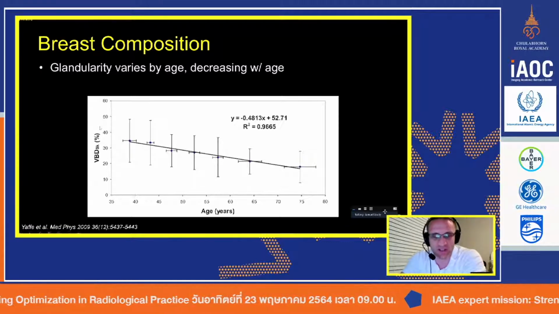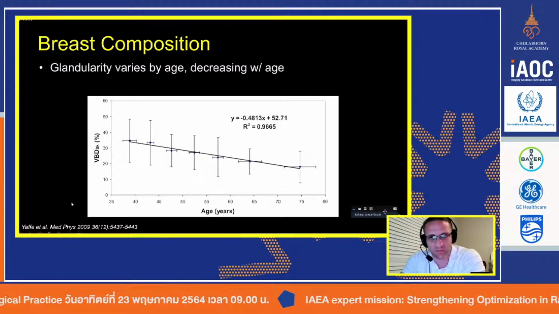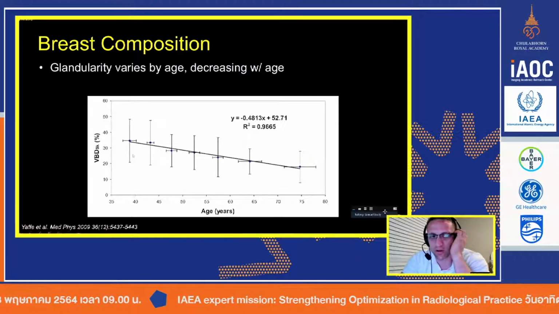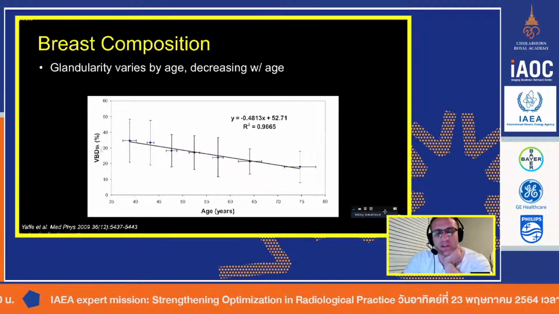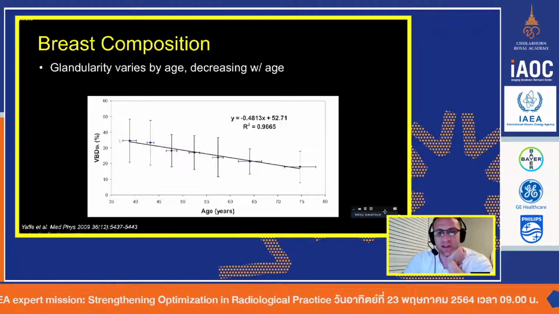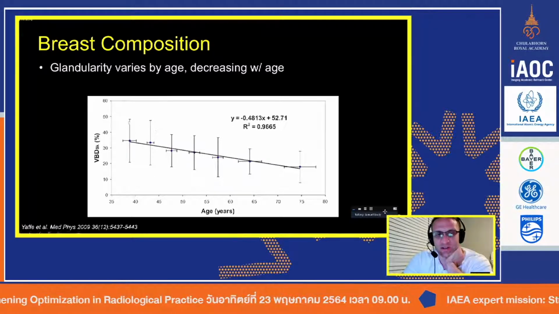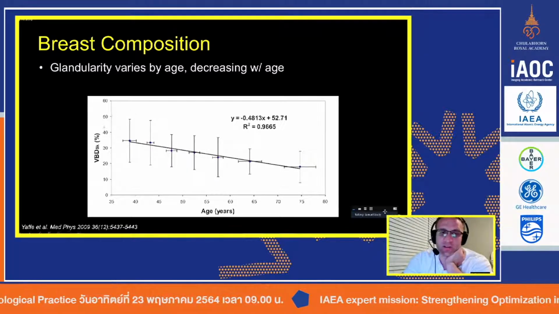We already showed this, but the point I wanted to show in this Yaffe plot is to look at the error bars here. The vertical axis is the volume of glandularity, and you can see the younger you are, the more glandular these women tend to be.